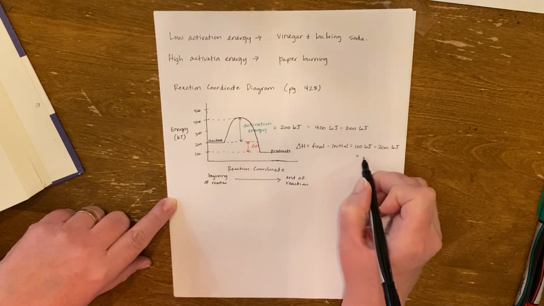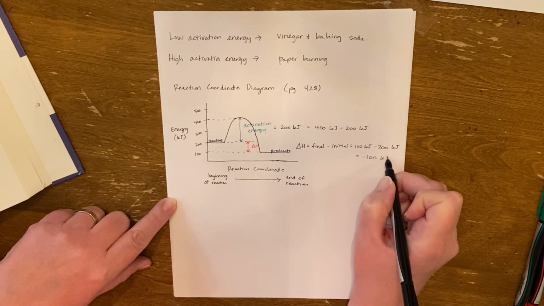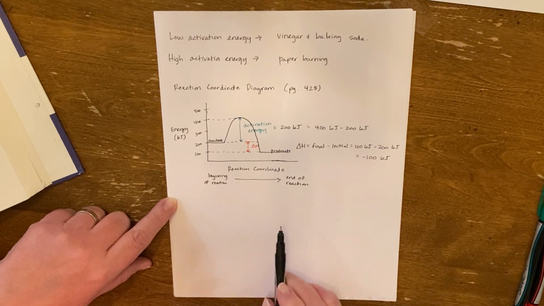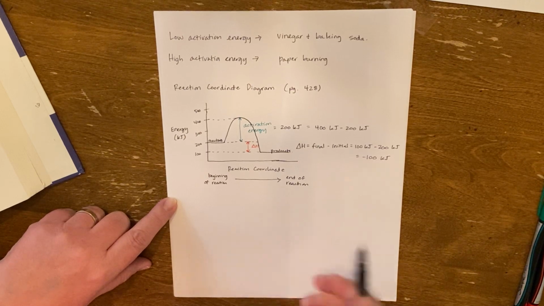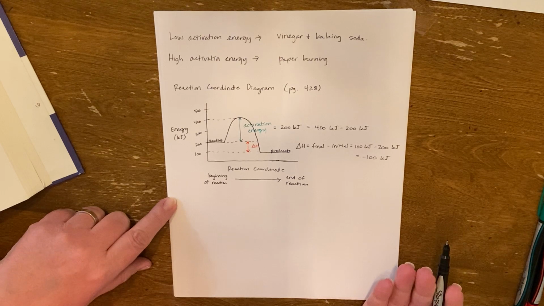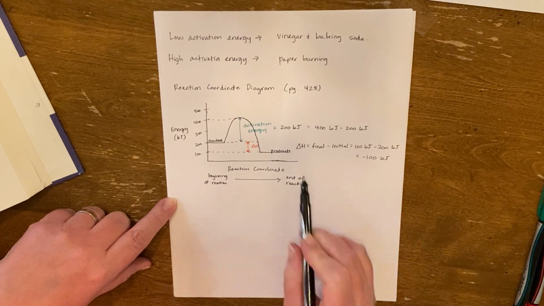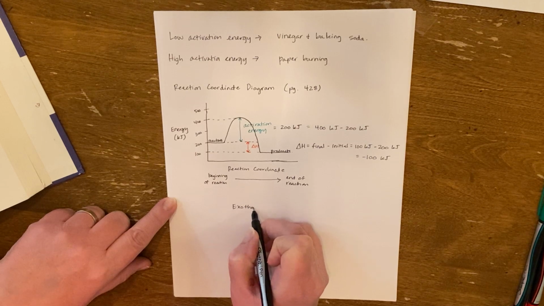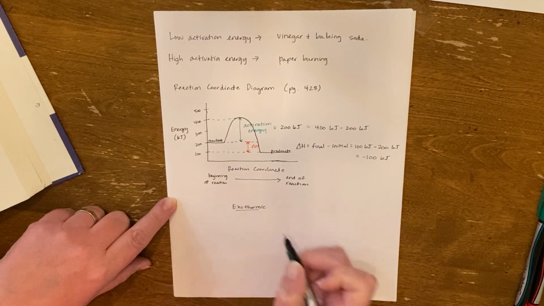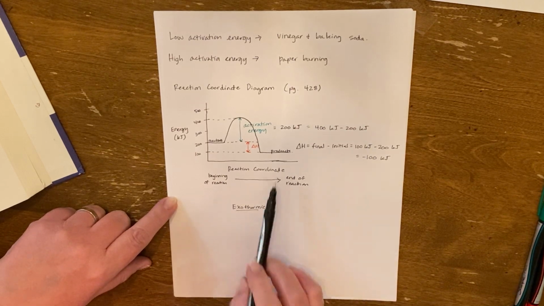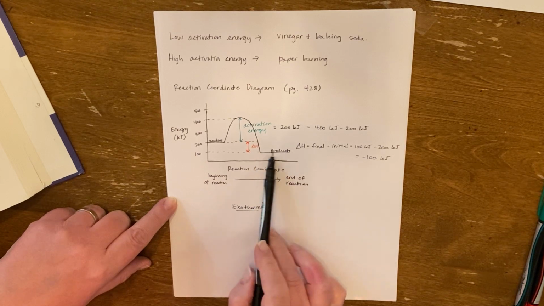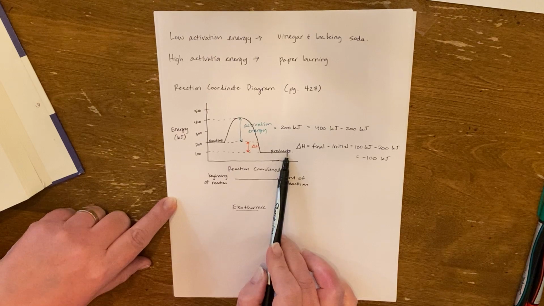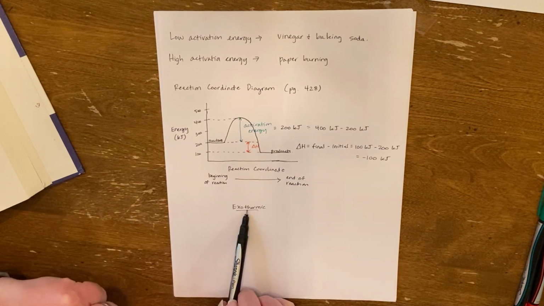So my delta H then is negative 100 kilojoules. It's negative 100 kilojoules, so what does that tell us? Our delta H is negative, so it tells us that this is an exothermic reaction. We're releasing energy, right? Our products have less energy than what we started with, so some energy had to have been released. So it's an exothermic reaction.